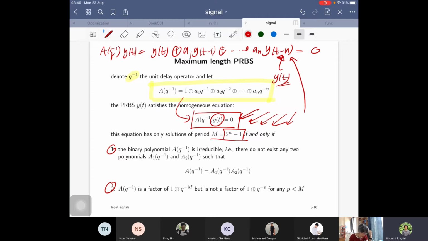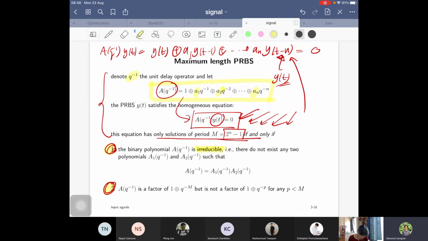These results suggest that if you want your state sequence from PRBS to have maximal length, 2 to the n minus 1, your polynomial A(Q), which is determined by a1, a2, and an, must satisfy conditions 1 and 2. Now let's look at the conditions. The first says the polynomial A is irreducible.